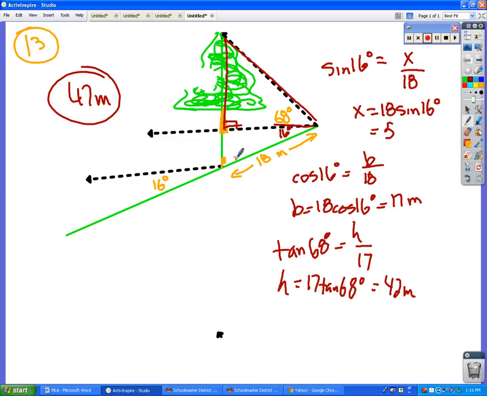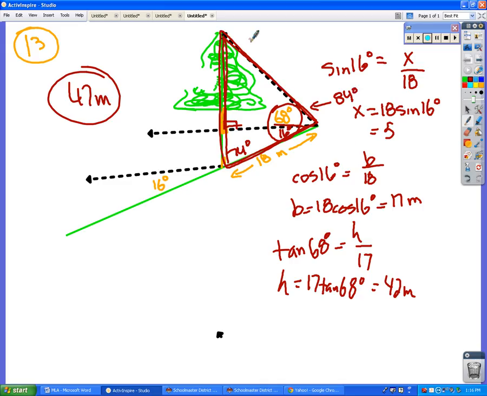Don't all say it at once. Let somebody get a chance. If this angle right here is 90 degrees and this angle is 16 degrees, what's this angle? 74. Okay, and so now I can look at this whole triangle right here. So I'd have to add these two angles together, and that really would be how much of an angle? 84 degrees.